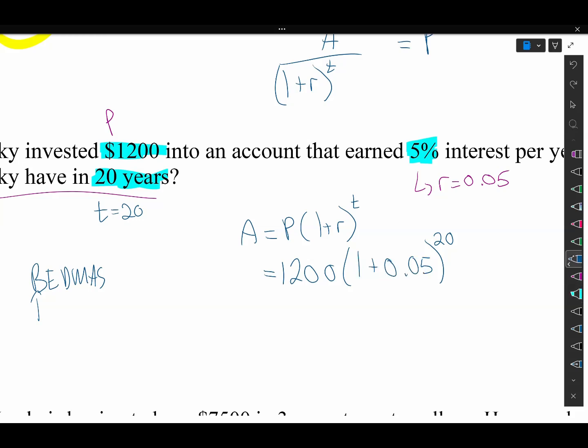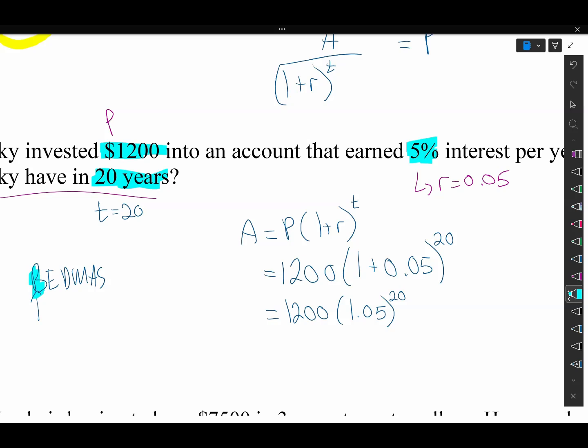We can add those together. I'm working down, that is 1,200 times 1.05. I can do that in my calculator if I wish. All to the power of 20. Fantastic. Now I do still have brackets, but there's nothing inside the brackets I can work with, so I am completely finished with the brackets in my BEDMAS.